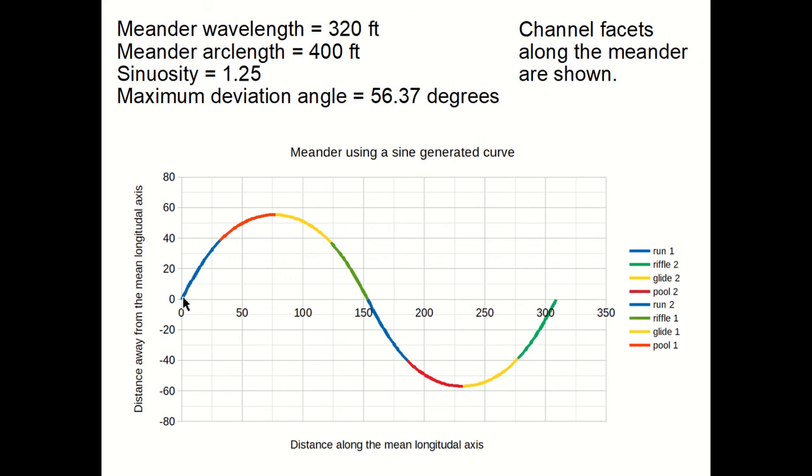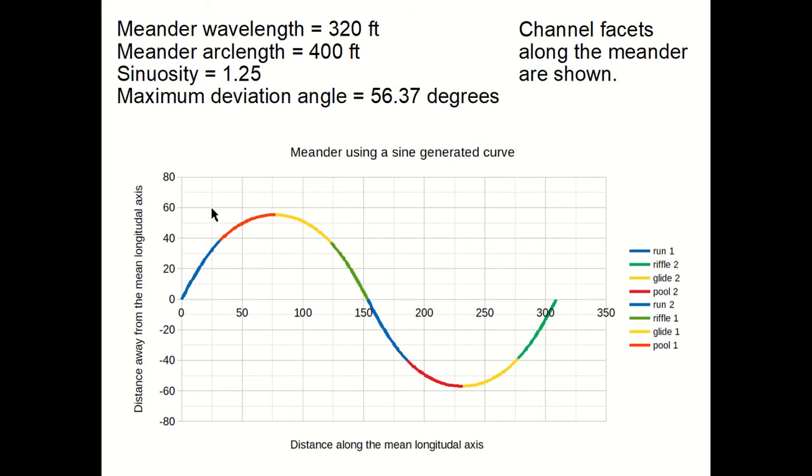So now I have the x and y coordinates, and I do have an estimate of the radius of curvature. Because this is a fairly constant radius of curvature, you can actually have the surveyors probably stake out the entire length around the pool and the glide using the radius of curvature. So this then would actually be the plan view of the thalweg.